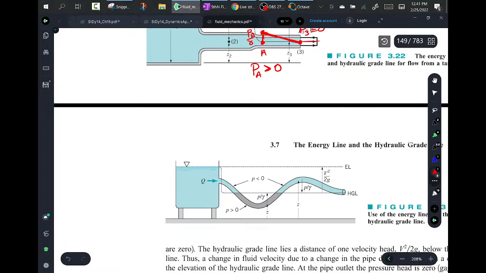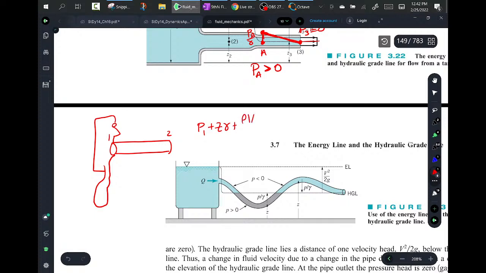Otherwise, logically, if you set this on the table, and you decided to use your lungs to blow air through here, and it's a straw, and this is location 1 and this is location 2, then continuity will tell you that because this straw didn't change in diameter, velocities can be canceled.